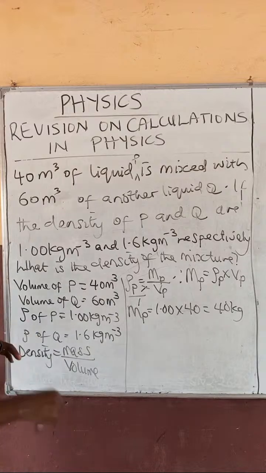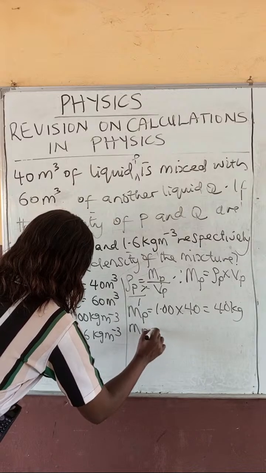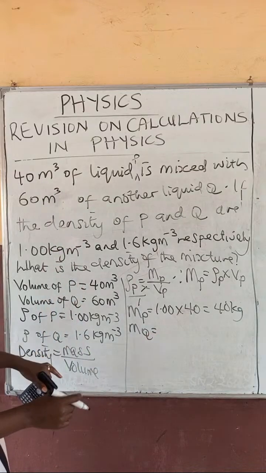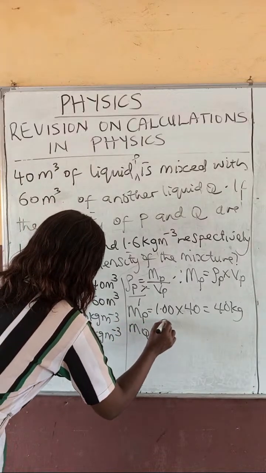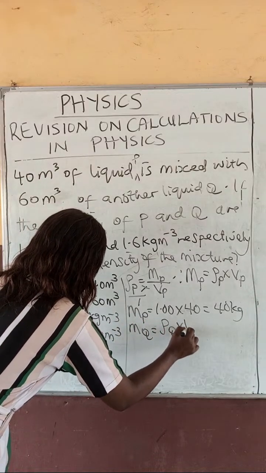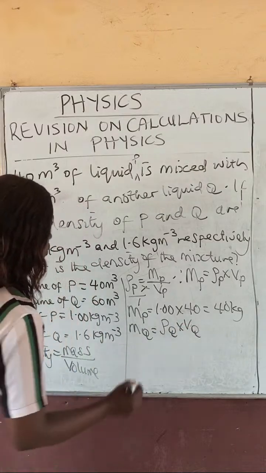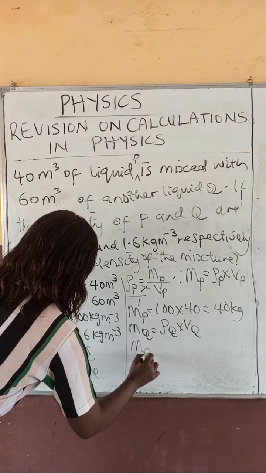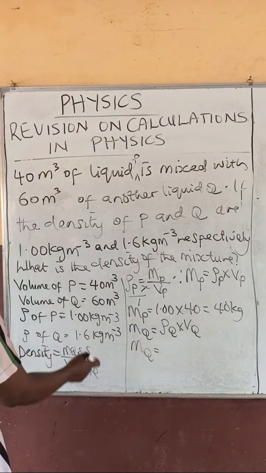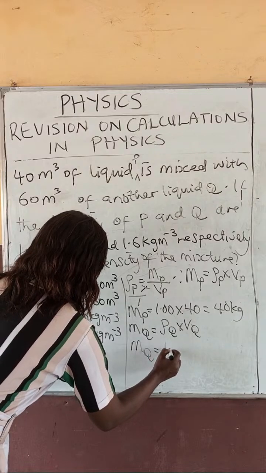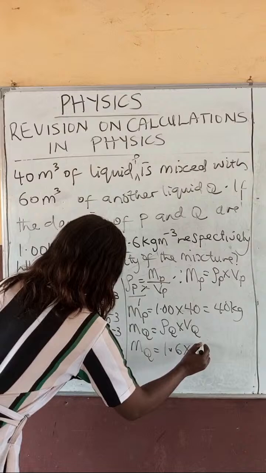All right. Now the same way, the mass of Q is equal to the density of Q multiplied by the volume of Q. That is rho of Q multiplied by the volume of Q. What's my density? I have 1.6, multiplied by the volume, which is 60.